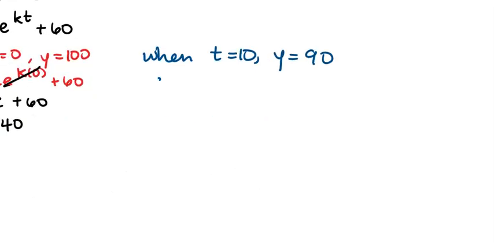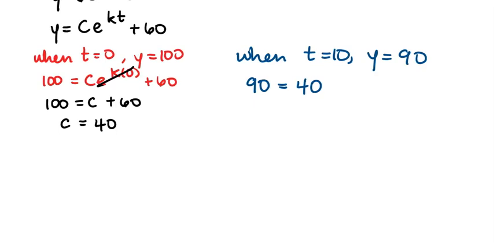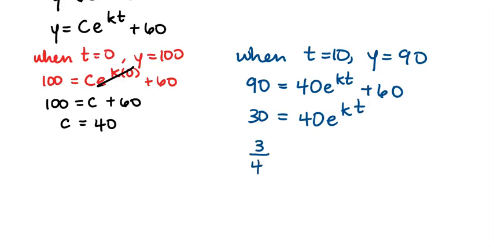So using that, I have the equation 90 is equal to 40, because that was our c value, e to the kt plus 60. I'm going to solve for k, so I'm going to subtract 60 from both sides. I'm then going to divide by 40 on both sides. I'm going to use natural log to cancel out the e.